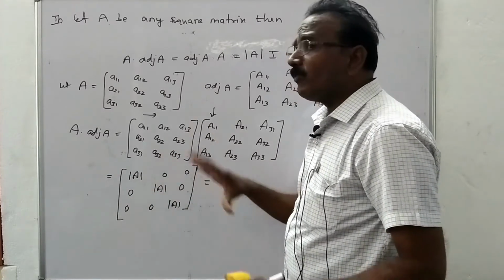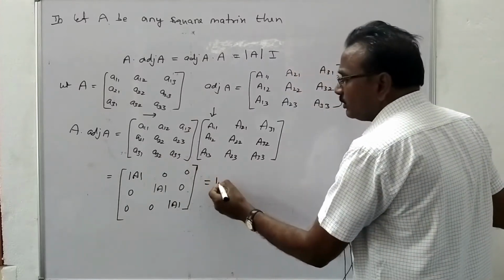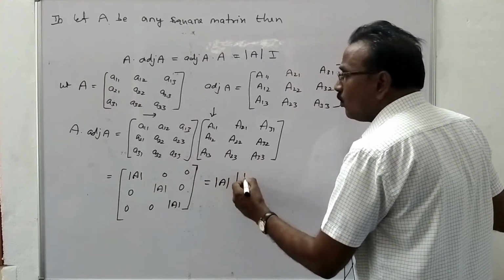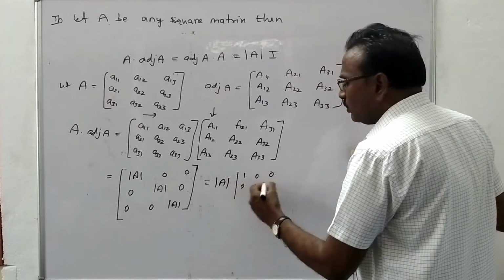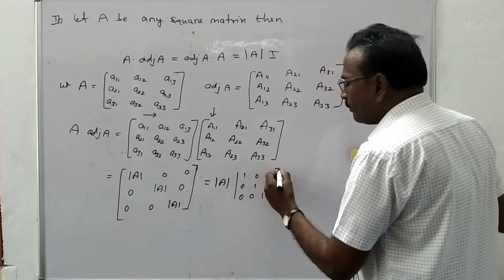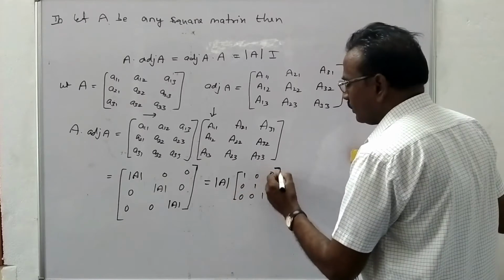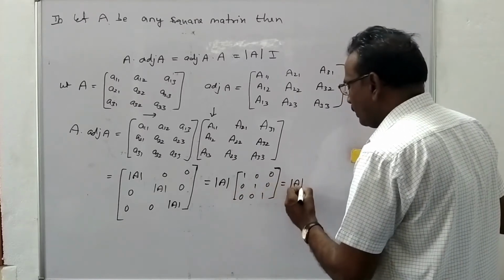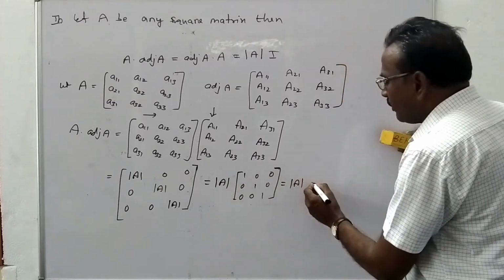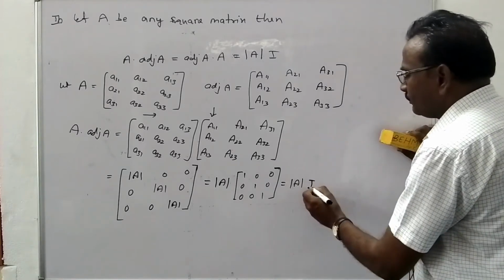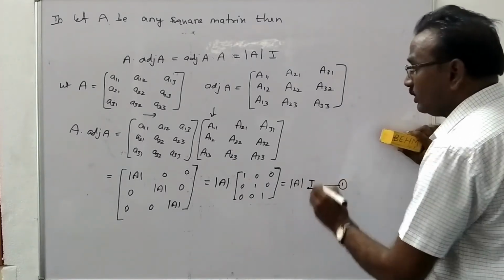Here determinant of A is common, so take it outside: determinant of A into the matrix 1 0 0, 0 1 0, 0 0 1. This matrix is the identity matrix of order 3, denoted by capital I. So this is equation 1.